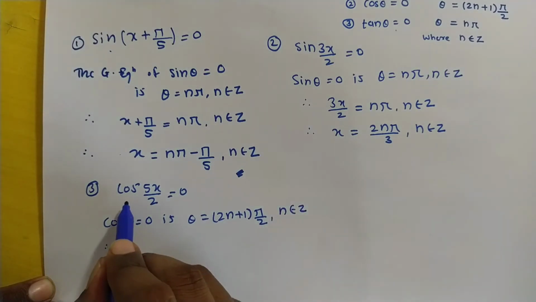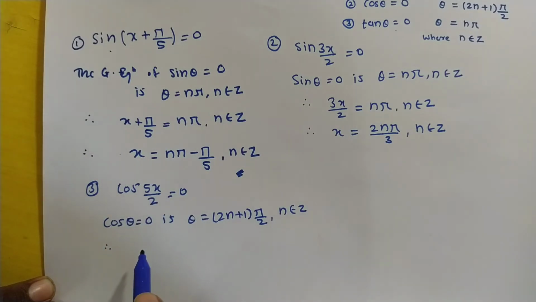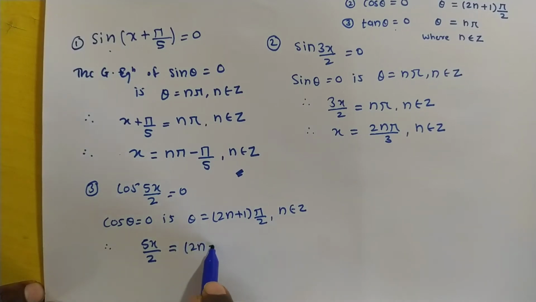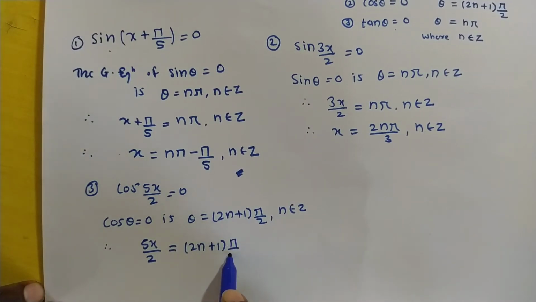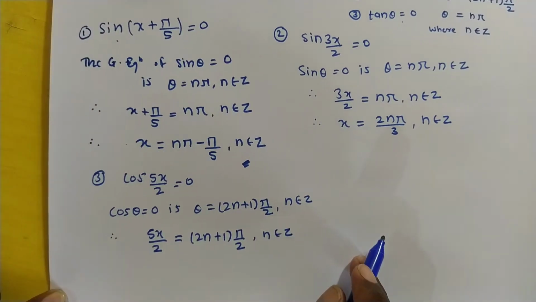Therefore the general solution for cos of 5x divided by 2 equal to 0 is 5x divided by 2 equal to (2 times n plus 1) pi by 2, where n belongs to the set of integers.